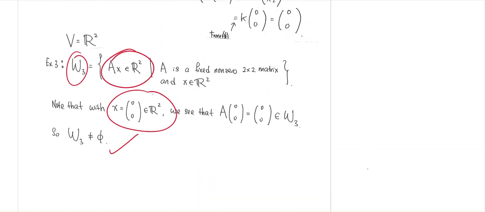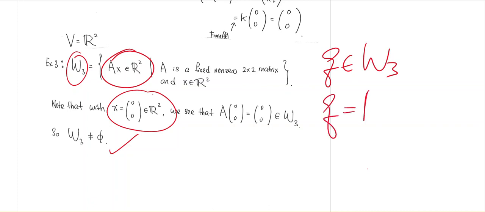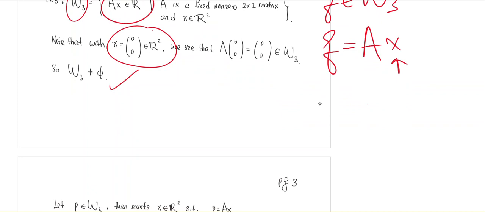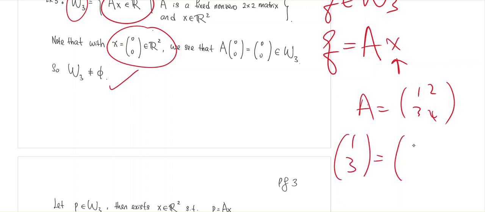So if you say that Q is in W3, it means Q will have to be AX for some x, like the one that we saw just now. For our A, 1, 2, 3, 4, we know that 1, 3 is in it, because 1, 3 is the 1, 2, 3, 4 multiplied by 1, 0.